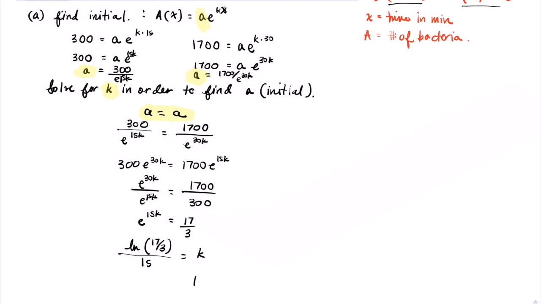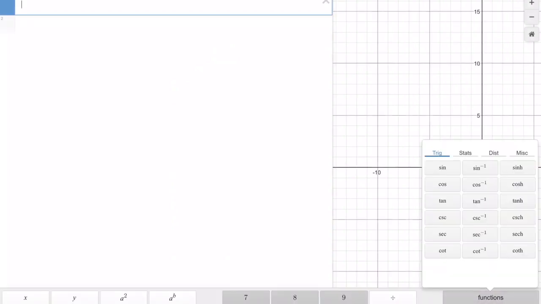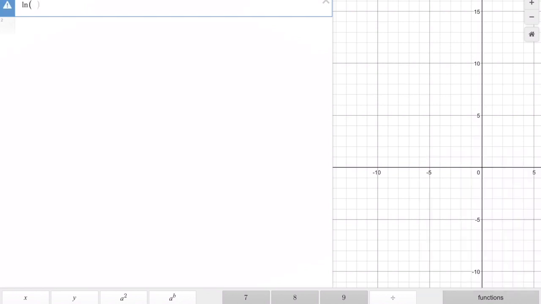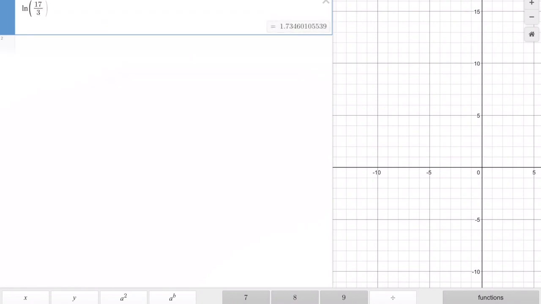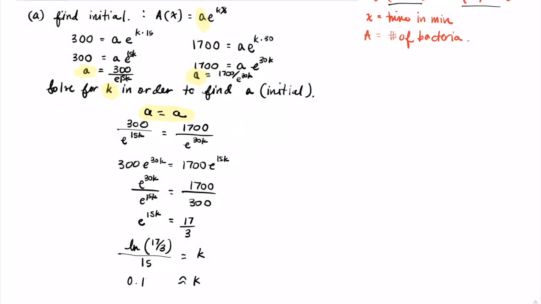And so at this point, if we put it in the calculator, natural log of 17/3 divided by 15, we would get 0.1156. So that's just solving for k.